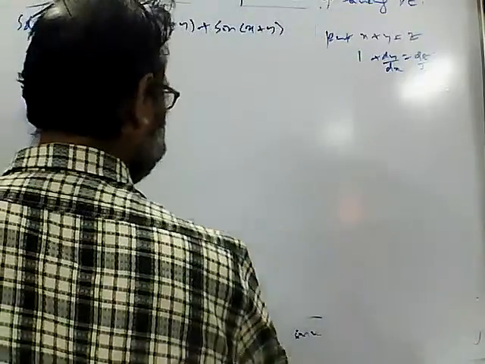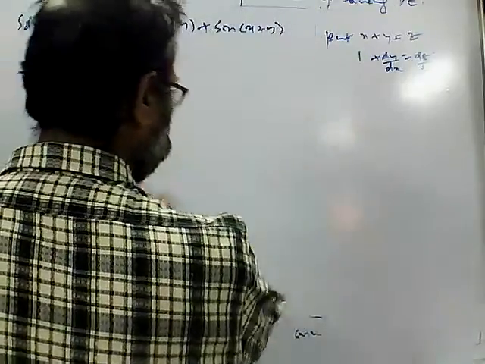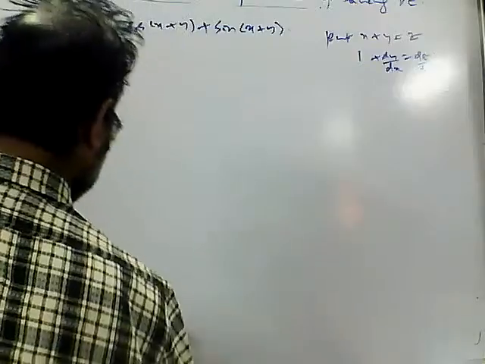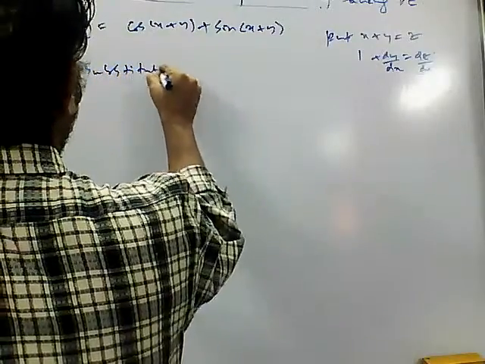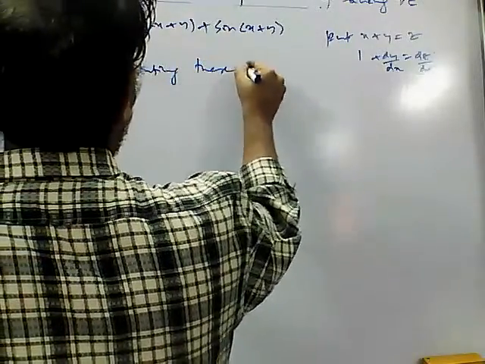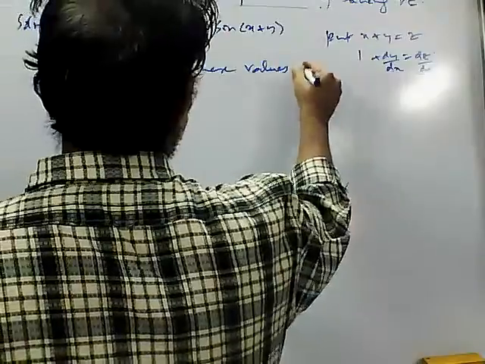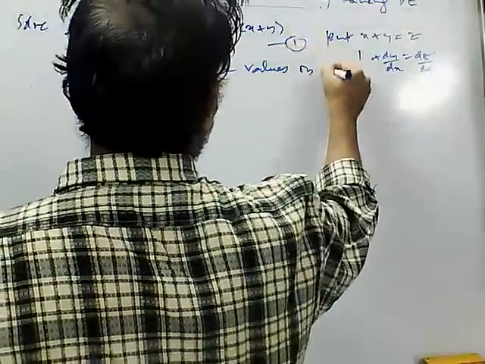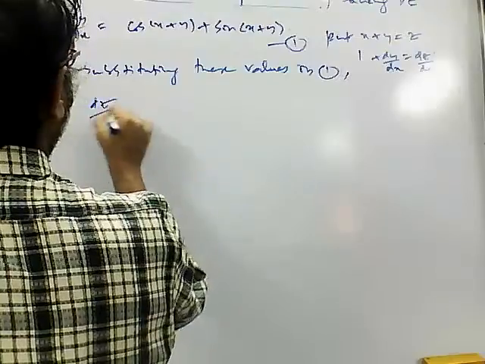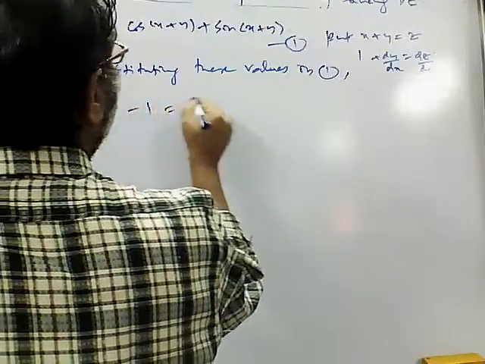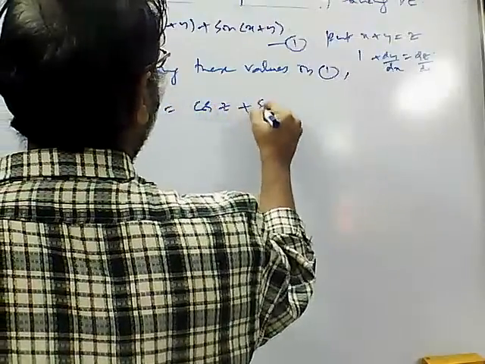On substituting these values in equation 1, dz/dx - 1 = cos z + sin z.